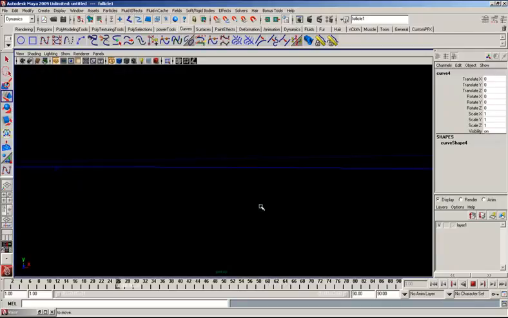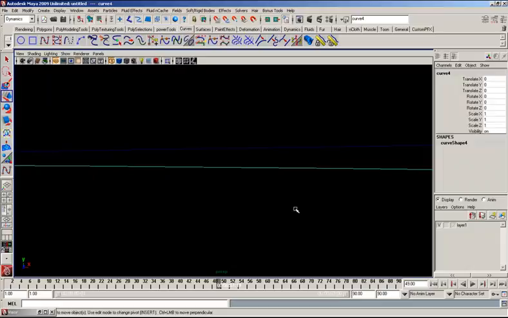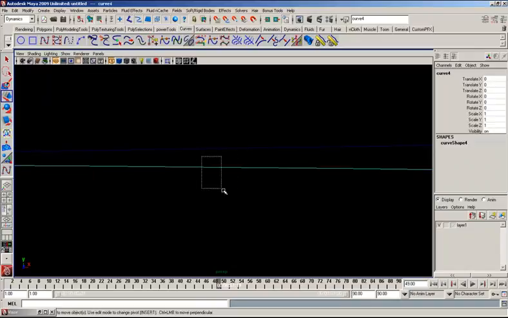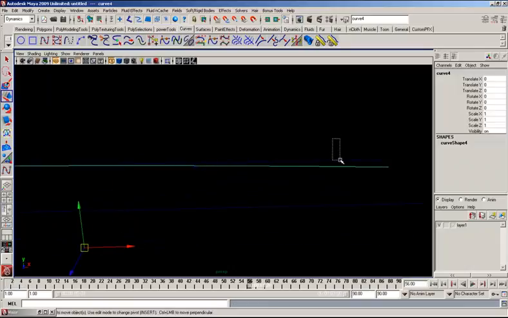And I'm going to make the background black for a second. Look what happens here. The current curve, the dynamic one, is a light blue color, and that's a way of Maya telling you, look, here I am, don't touch me. So do not touch the current curve. Remember, what I'm doing right now, I'm touching it. That's bad. I don't want to touch it, because that will change depending on the settings on the original.